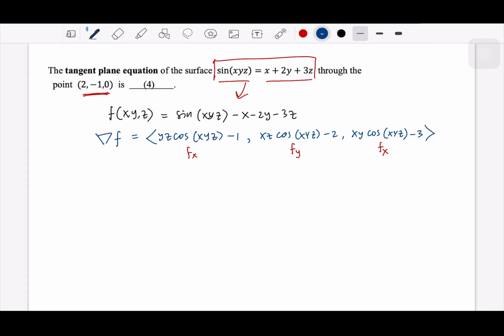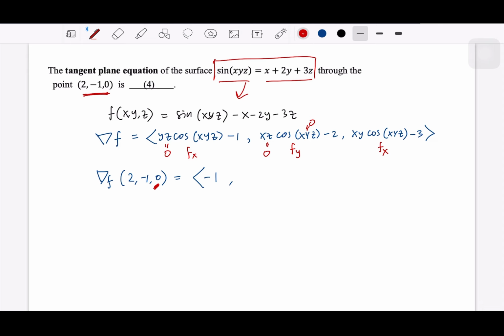Okay, now we are inputting our point, which is (2, -1, 0). Because we have 0 here, it's easy to make it 0. So we'll be having -1, and then another, if we have 0 here, then it will be 1, and this will also be 0.